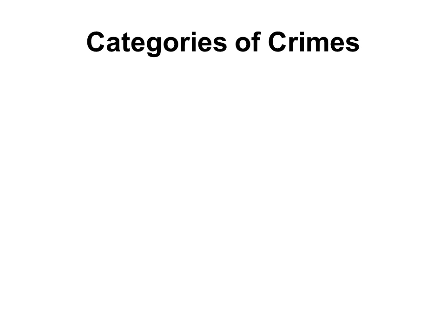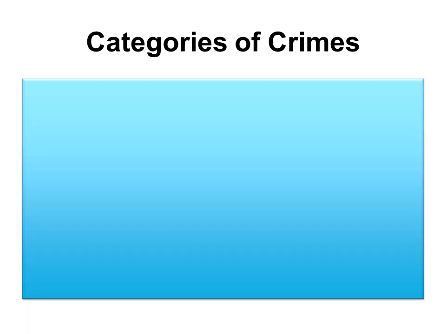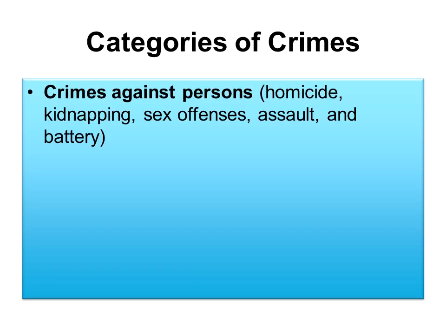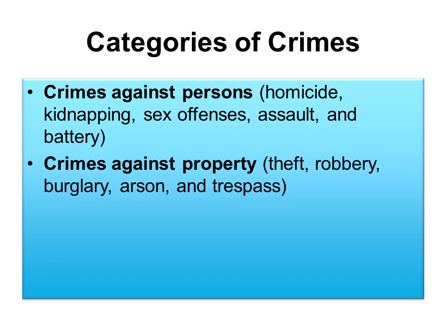Categories of crimes are also important to understand on a very general level. We have crimes against persons. Homicide, kidnapping, sex offenses, assault, and battery are all examples of crimes against persons. When they affect the personhood, the personage, I guess, is a word, they are considered a crime against persons.